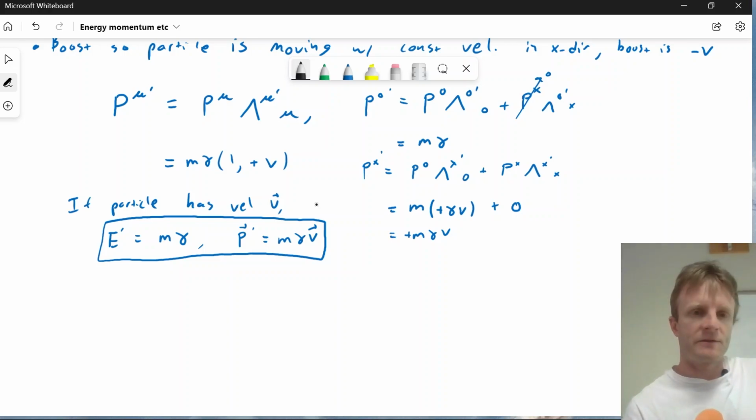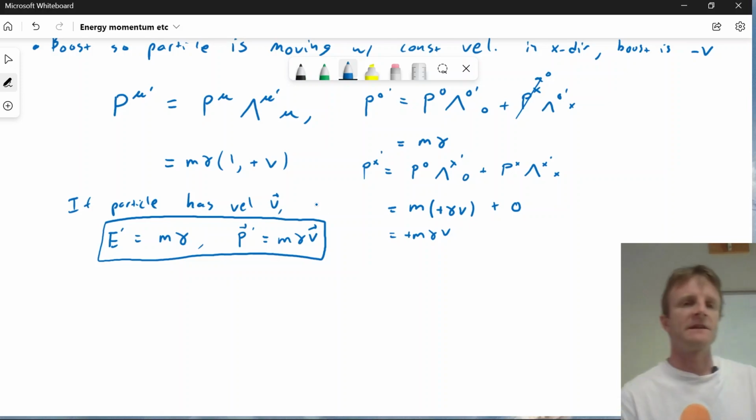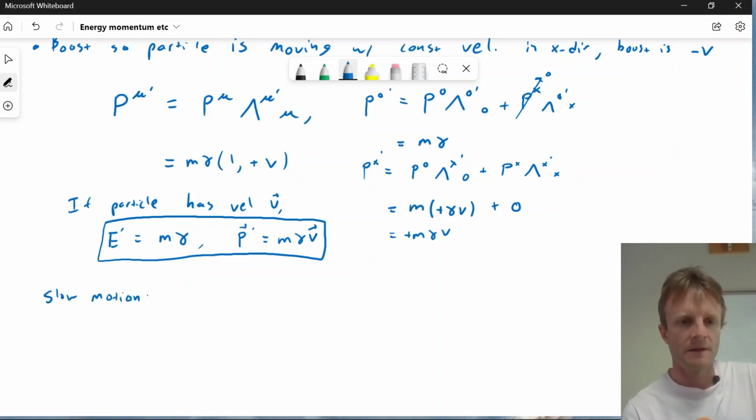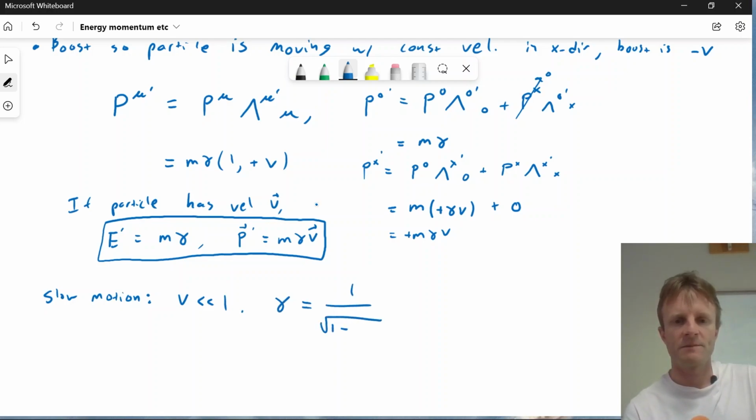One thing that's nice to see about this formula, as a sanity check, is that it reproduces what we know about energies of moving particles from freshman physics. So let's consider slow motion. What's slow? It means v is small compared to the speed of light, small compared to 1. So gamma, remember, was 1 over the square root of 1 minus v squared.